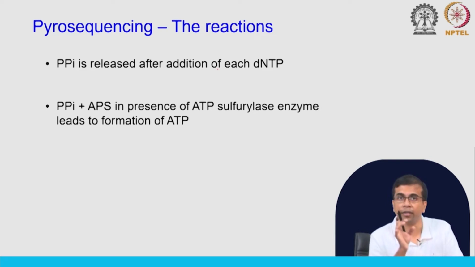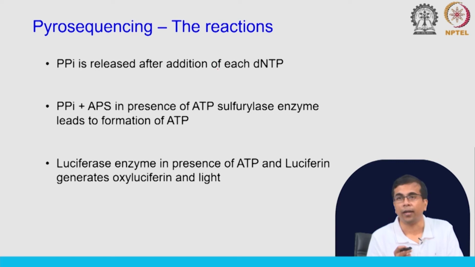This APS and ATP sulfurylase are present in these wells; they are supplied with the reagent there. In addition, you have the luciferase enzyme in these wells, and in the presence of ATP and luciferin, this generates oxyluciferin and light.